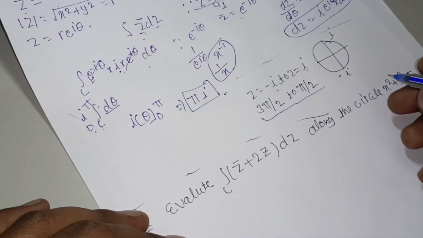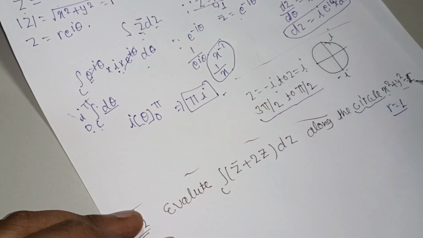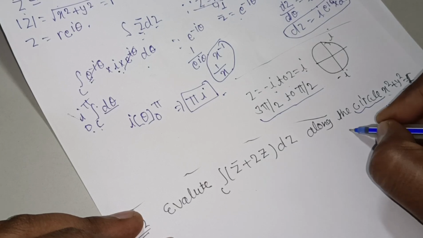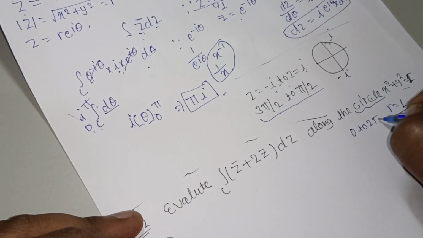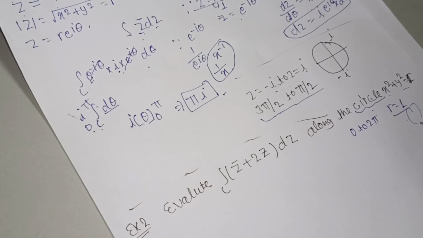Remember that we know the equation of a circle, x square plus y square is equal to r square. So r is equal to 1 here. It is a circle, so we will use the limit 0 to 2 pi, because it is a complete circle. We know the circle has 0, pi by 2, pi, 3 pi by 2 and 2 pi. That's why.